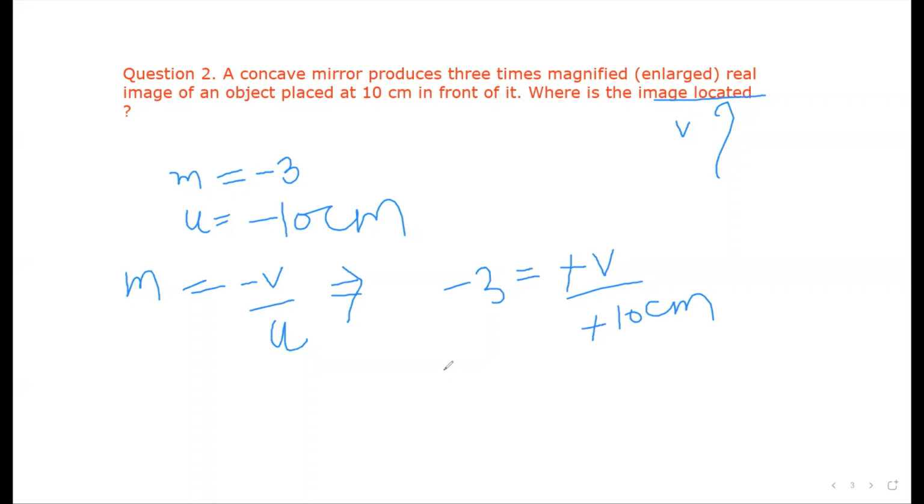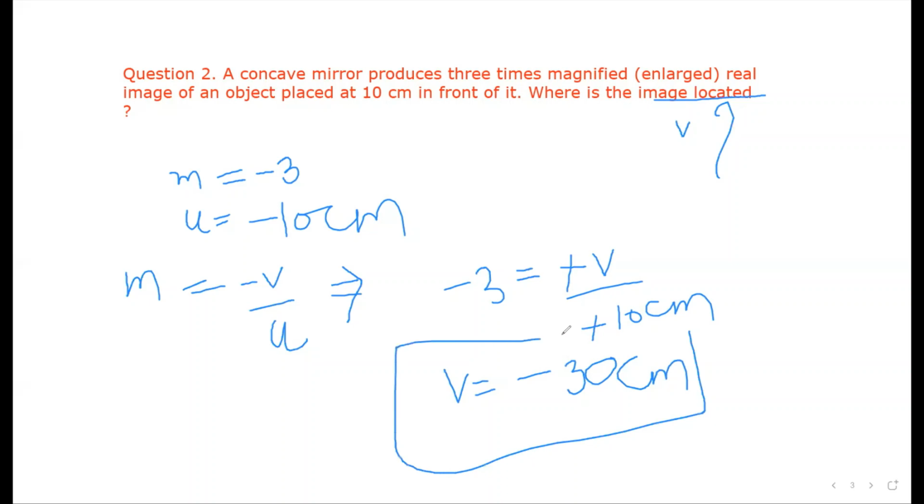Bring it on that side, cross multiplication, and v is equal to what? That is minus 30 centimeter. What you have concluded from here means image distance is at 30 centimeter. Negative sign shows which side? Left side. Okay? That is left side.